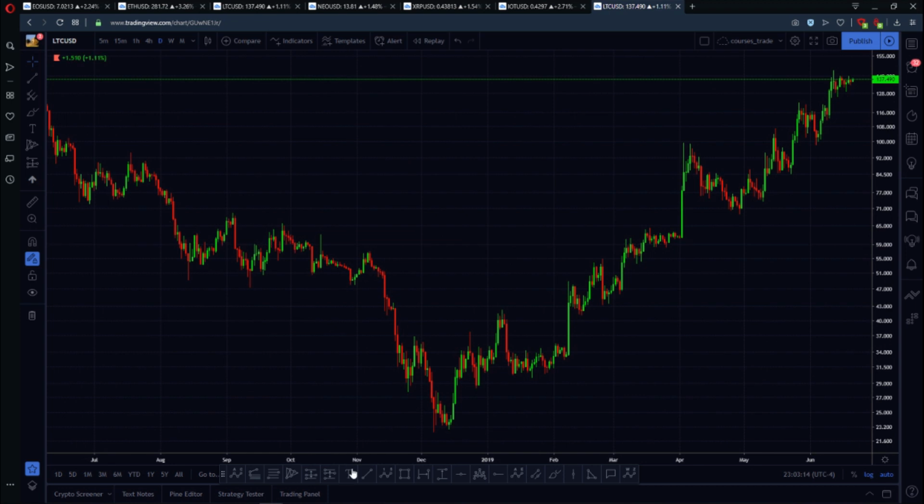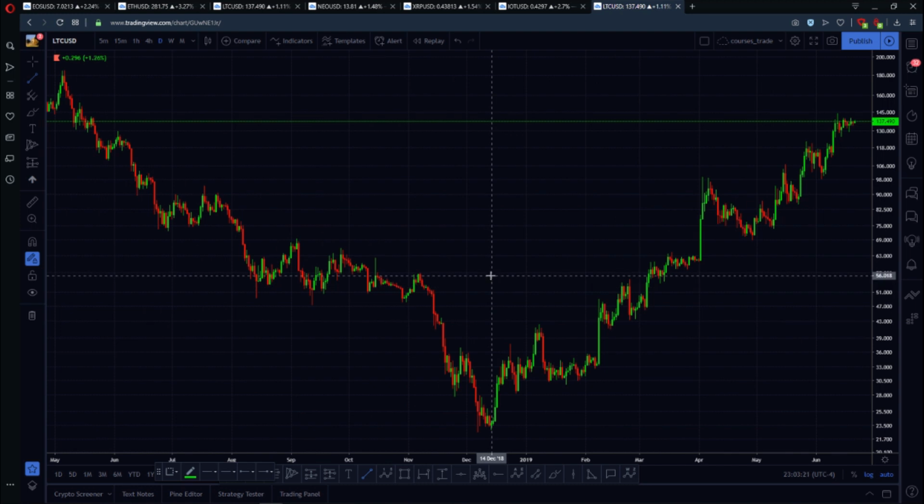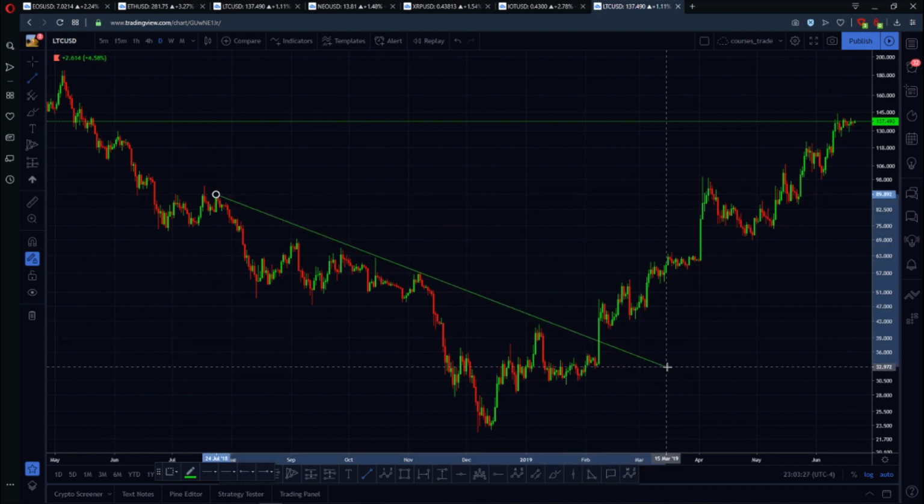So we're gonna select trend line, and then one of the best ways I like to spot a trend line is to first try to find the close or the open, and then spot a decent trend line. Now this one for me is a pretty good one.